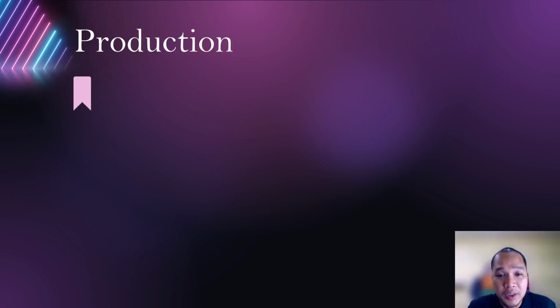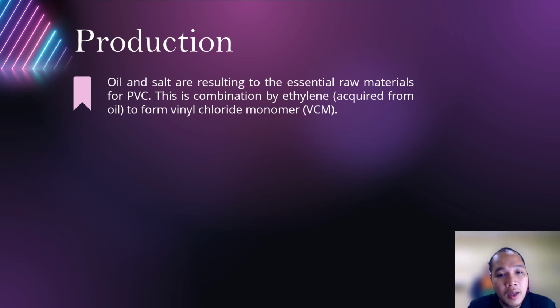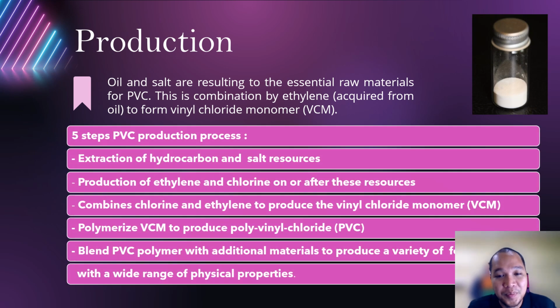Okay, next. For the production, oil and salt are the essential raw materials for PVC. It is a combination of ethylene derived from oil and chlorine to form vinyl chloride monomer, VCM.